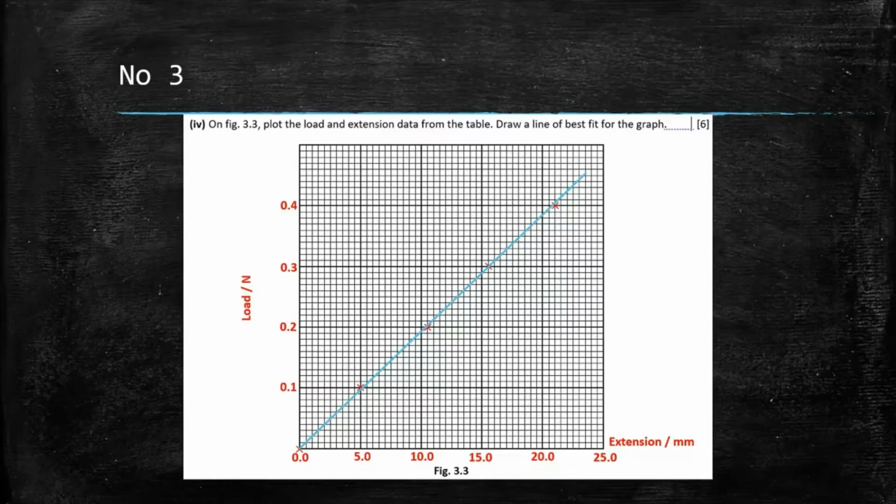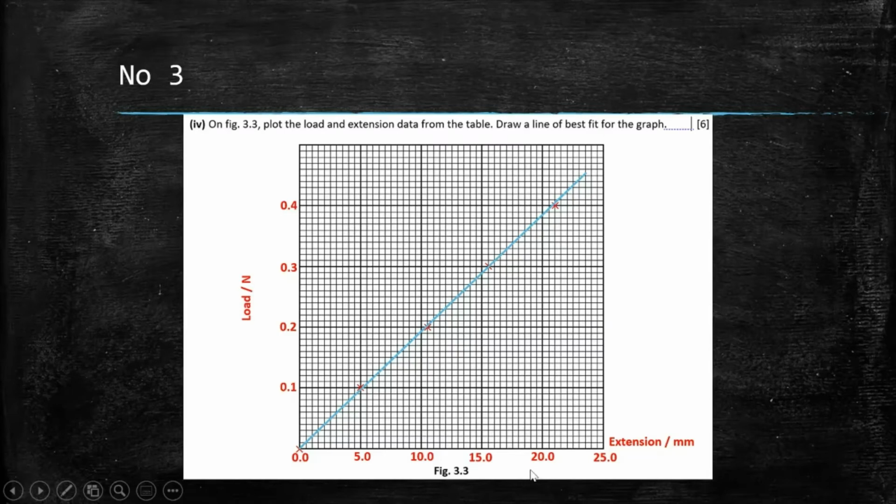In the first graph, the spring constant equals load over extension, or run over rise. In the second graph, the spring constant still equals load over extension. But because now the load is on the y-axis while the extension is on the x-axis, the spring constant now equals rise over run.